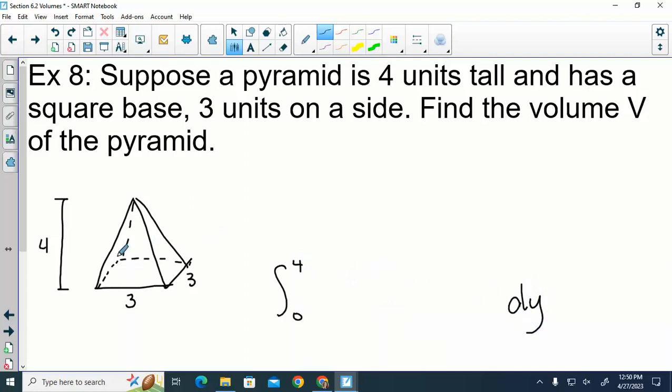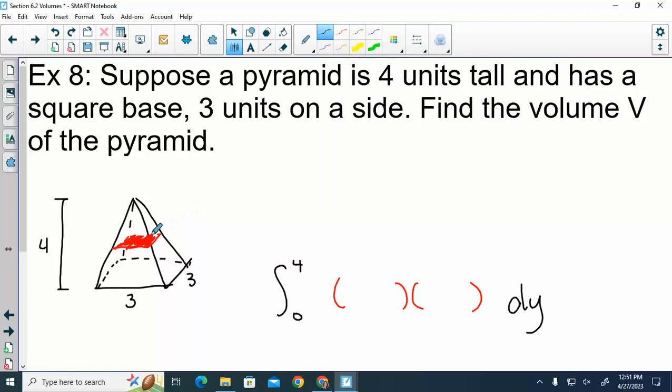Okay, and then what shape would a cross section have? So if you took a slice, it's a square. So cross section would be like this right here. So that's a square. How do you find the area of a square? Length times width. Okay, so I need to figure out some kind of expression for that square right there.